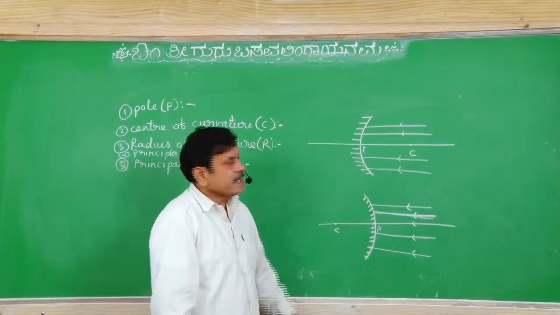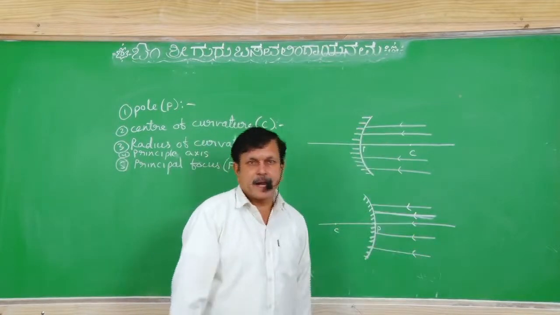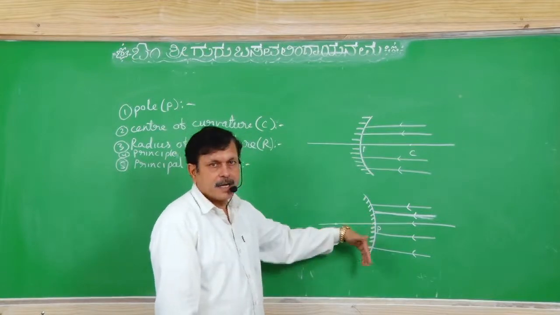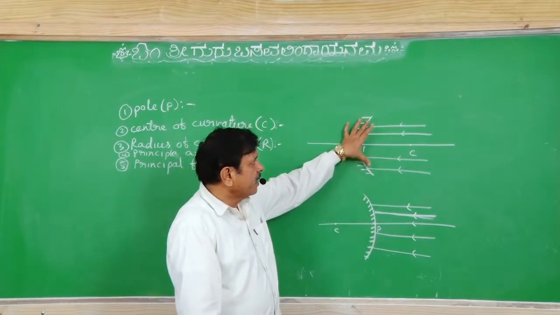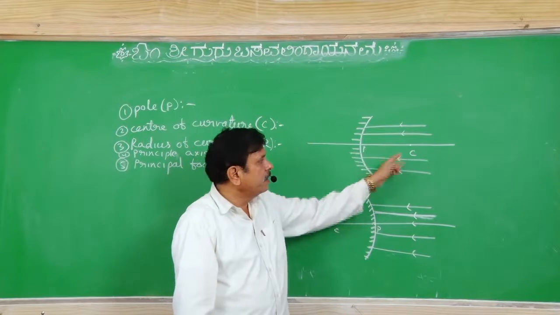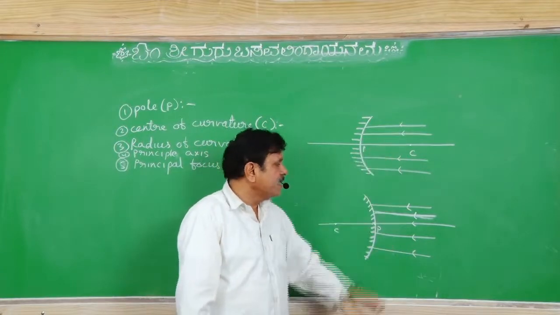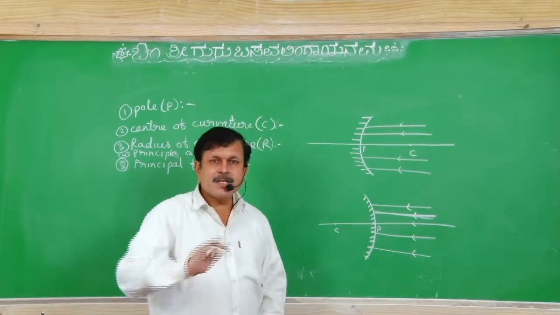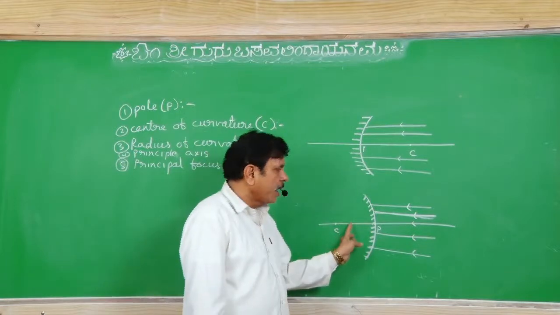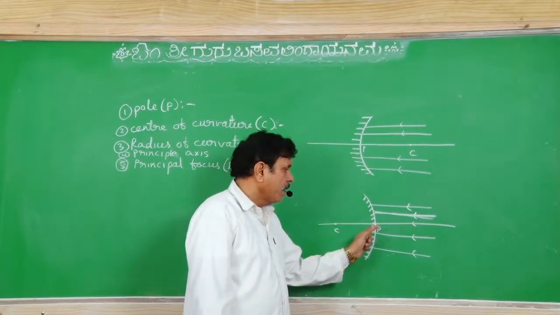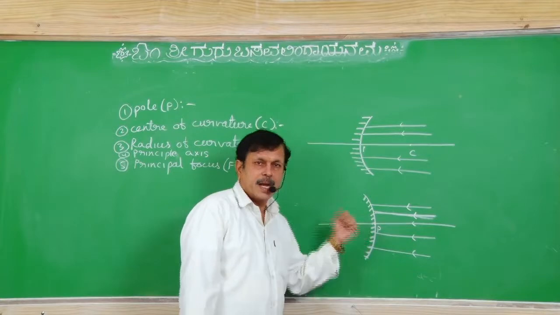Now in this case the rays will be reflected back, but here they will move as if coming from a point which is in between P and C. Here it appears to come from a point on the principal axis in between P and C.